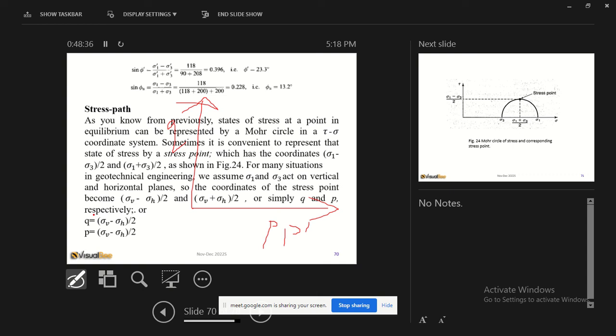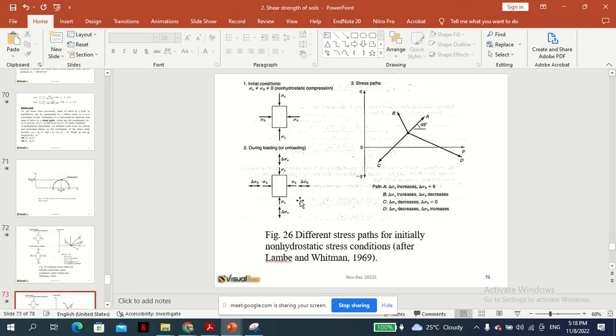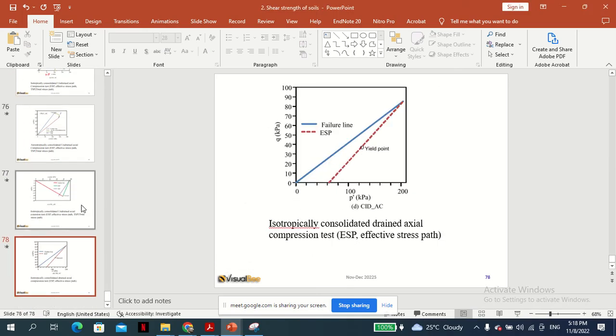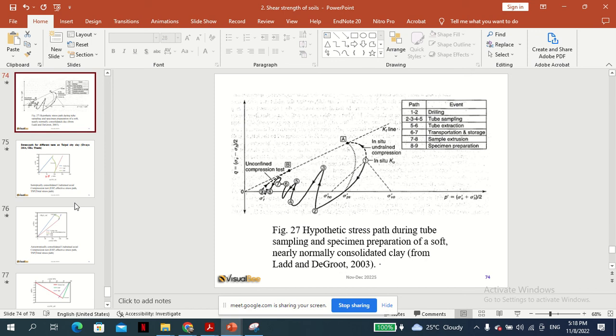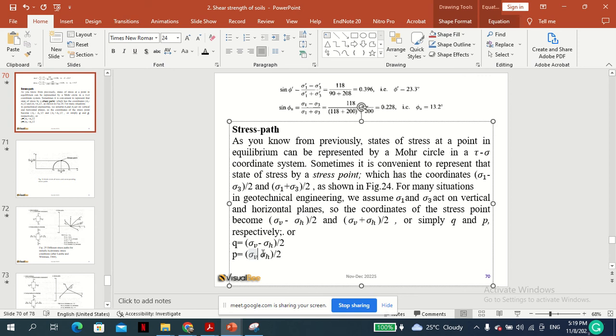You see what Q is, and P is this. Discard that, this is plus, sorry. This is plus.